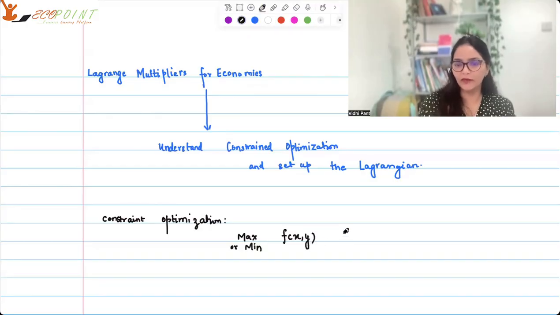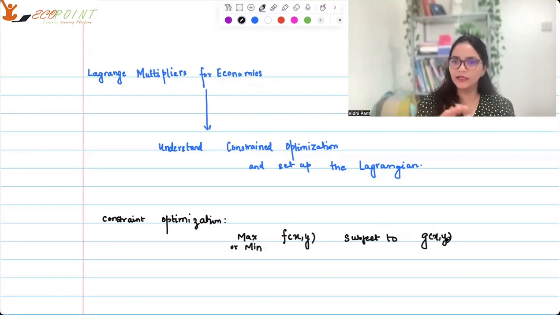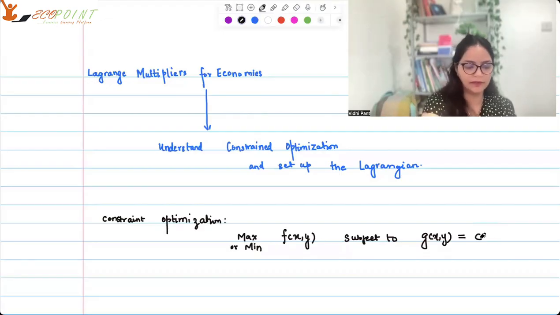We want to maximize or minimize that subject to a constraint which also consists of these two variables x and y, and the constraint is g(x,y) = c. For example, your income is equal to a certain number. It could be 10, 20, whatever. So c is that constant.